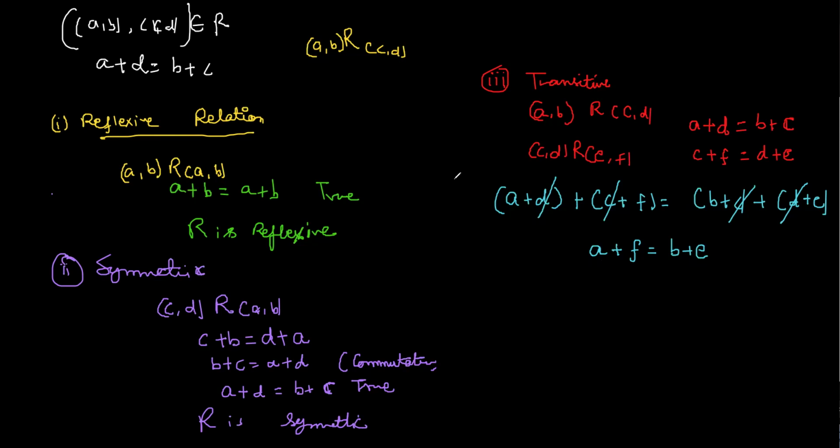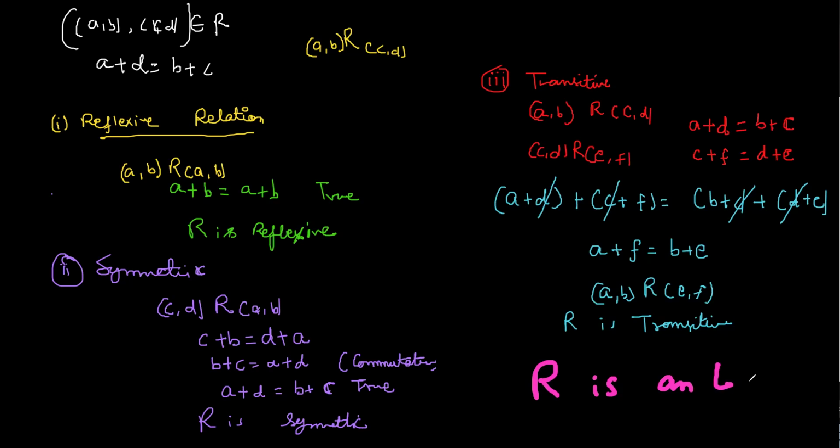You can write that A comma B is related with E comma F. And this is what you want to prove. So R is transitive. Therefore, you can say R is an equivalence relation. Okay, note this.